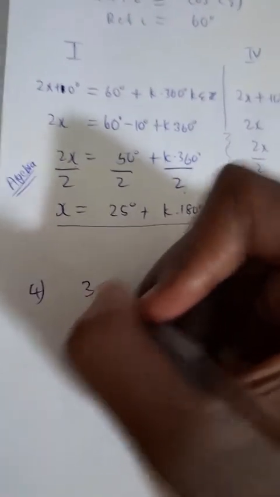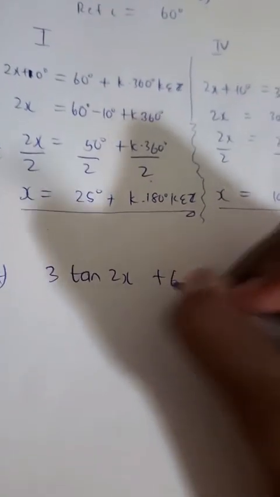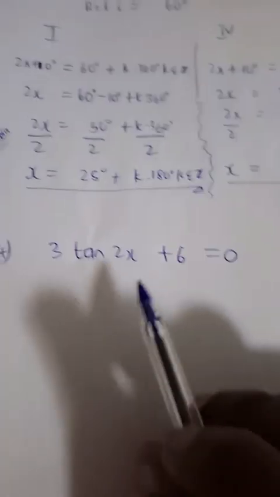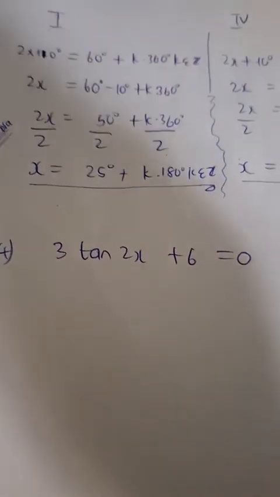I think I'm going to end the live here for today, and next time when we have a session, I'm going to pick up where we left off as far as the general solution is concerned, and look at other types of general solution questions.